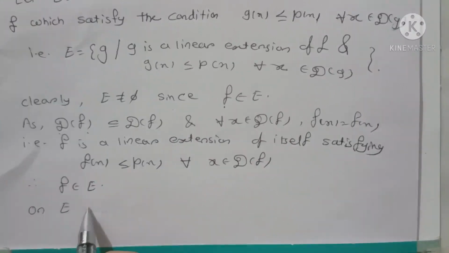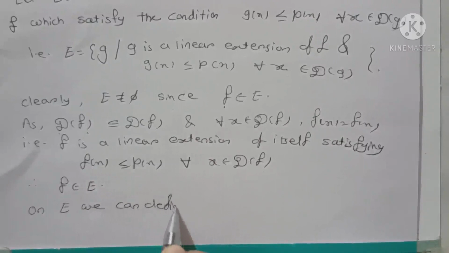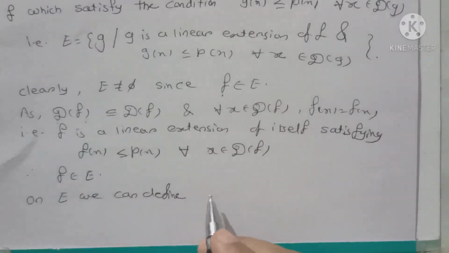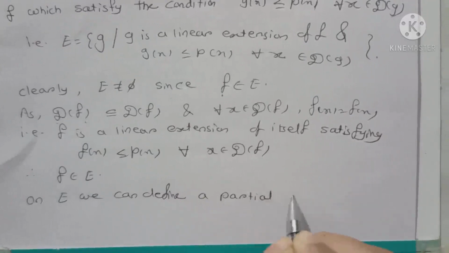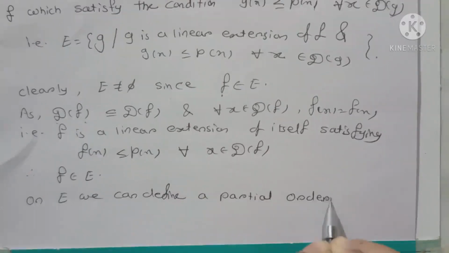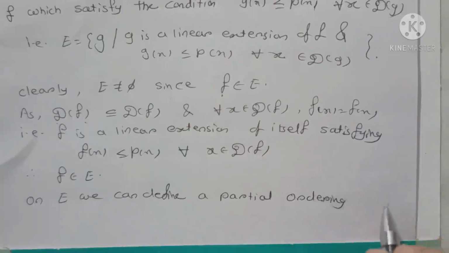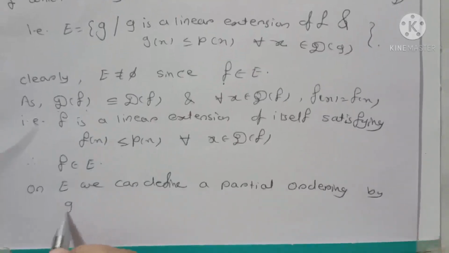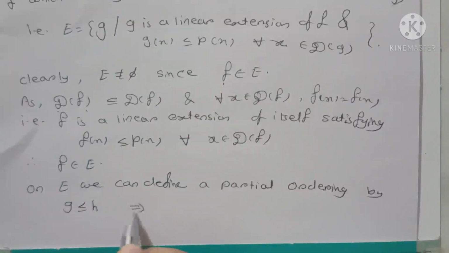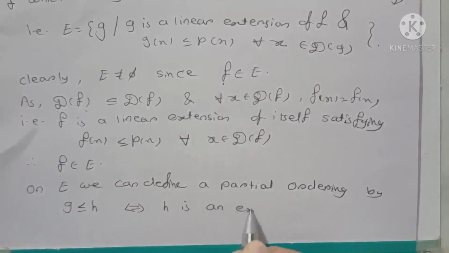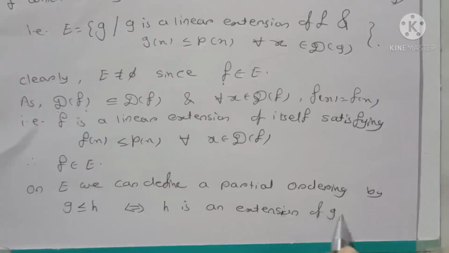Now on this set E we define a partial ordering. On capital E we can define a partial ordering by g less than or equal to h if and only if small h is an extension of g.